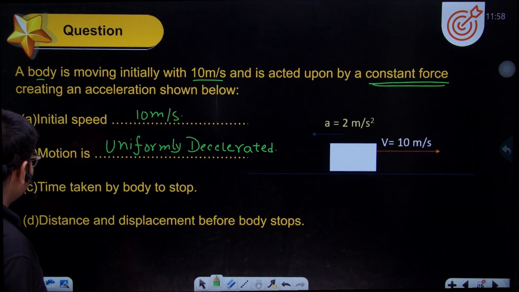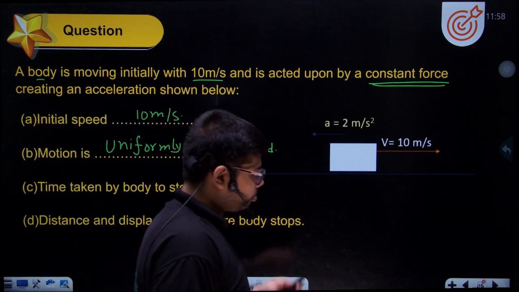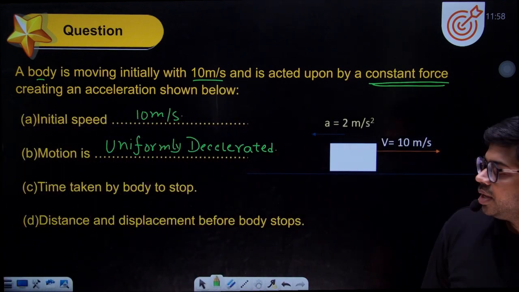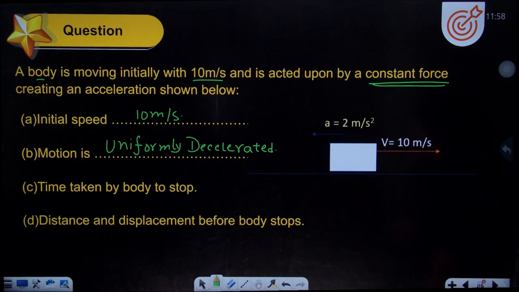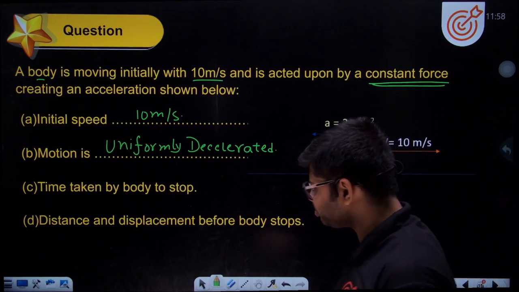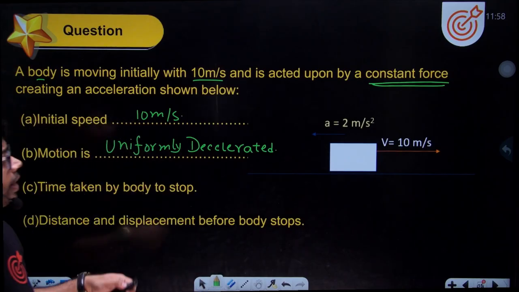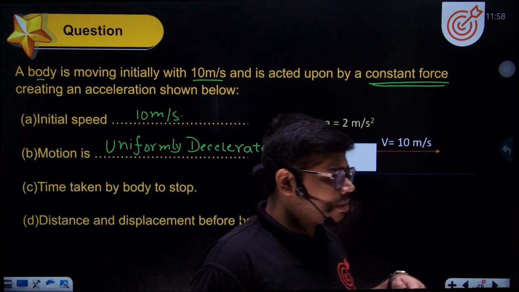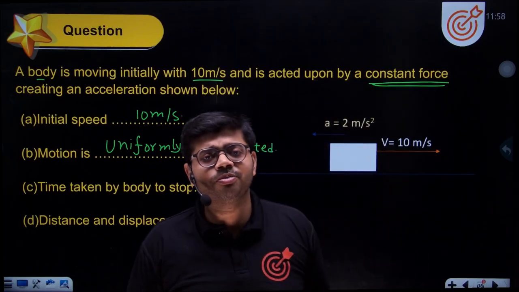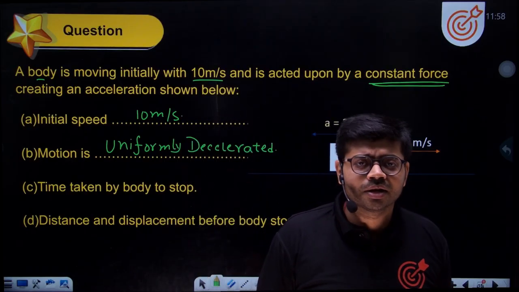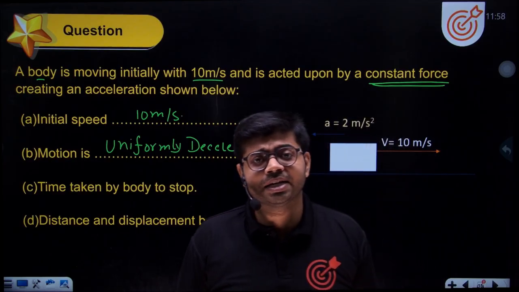Okay, time taken by the body to stop, बहुत इंपॉर्टेंट कॉन्सेप्ट है, कितना टाइम लिया है पूरा स्टॉप करने पे। तो कैसे निकाले भाई इसको, you see when the body stops, the main thing you need to understand is, तब वेलोसिटी क्या है, जीरो हो गया, तो मेरा फाइनल वेलोसिटी क्या रहेगा, जीरो.